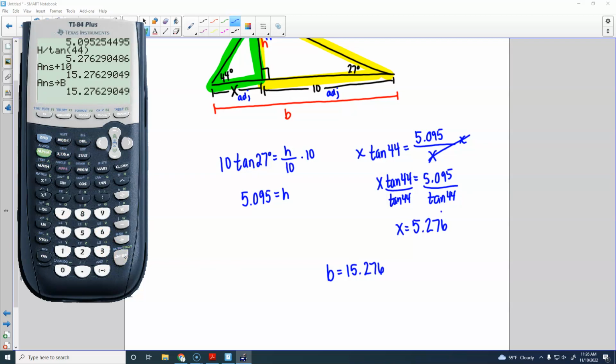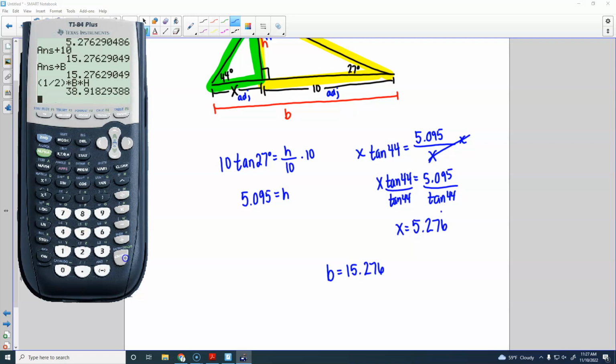Yeah, you can have everything stored. And so now, if I want area, I can do 1/2 times B times H. I wonder if I might need a multiplication between that. I don't know if it recognizes it like that. 1/2 base times height, and it'll give you your answer.